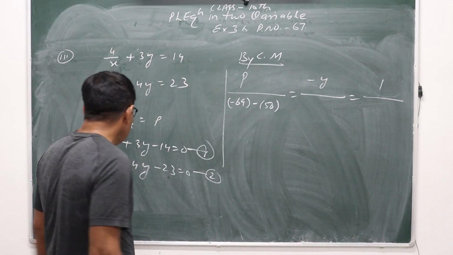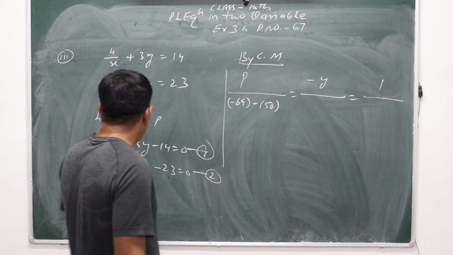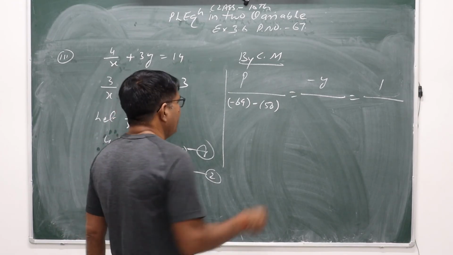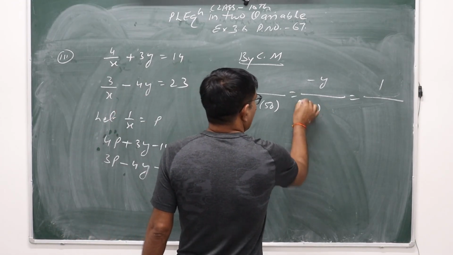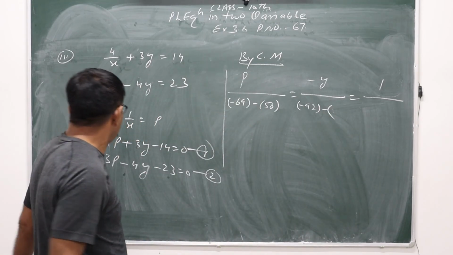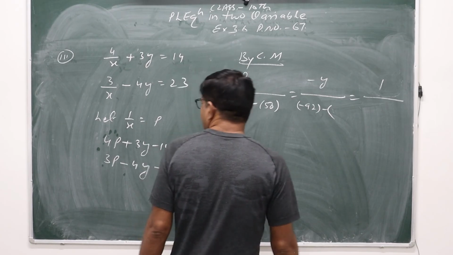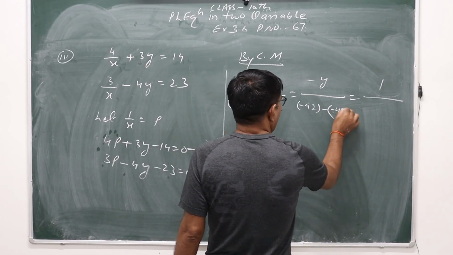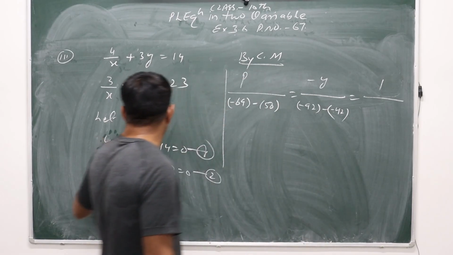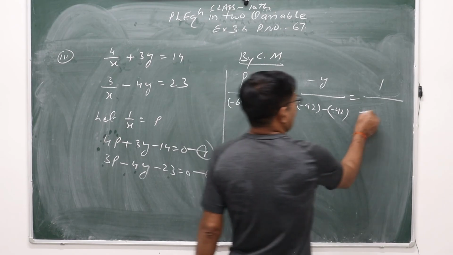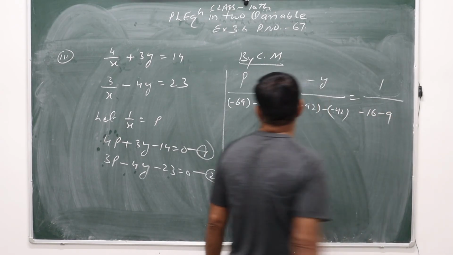Then y के लिए निकालेंगे तो 4 into minus 23, so it will be minus of 92 minus of 3 into 3, minus 9, that is minus 92 plus 42, और 1 के लिए निकालेंगे 4 into minus 4, so minus 16 minus 9.